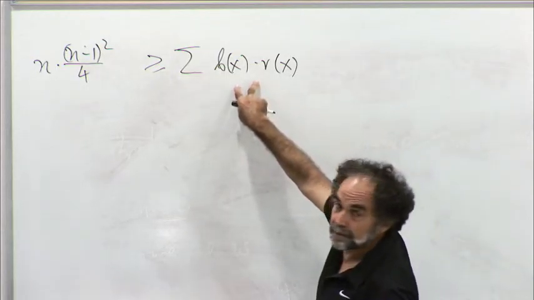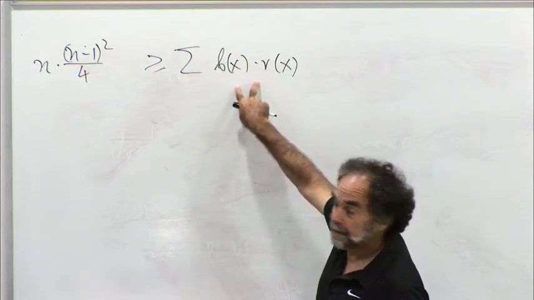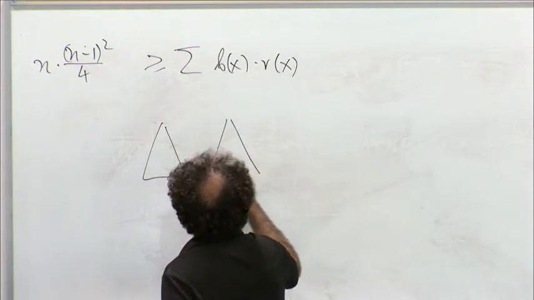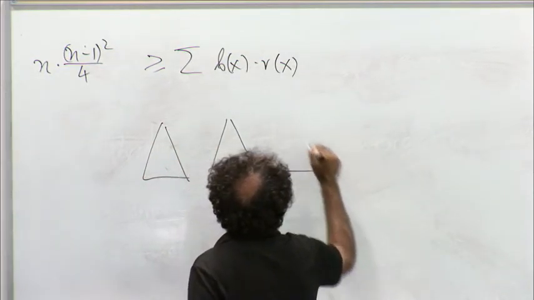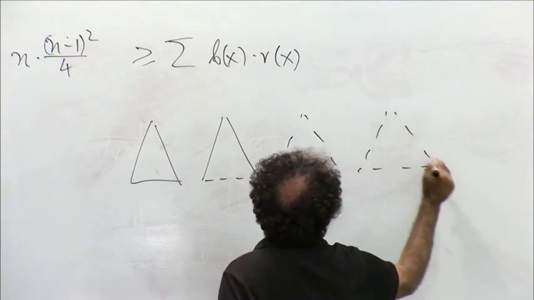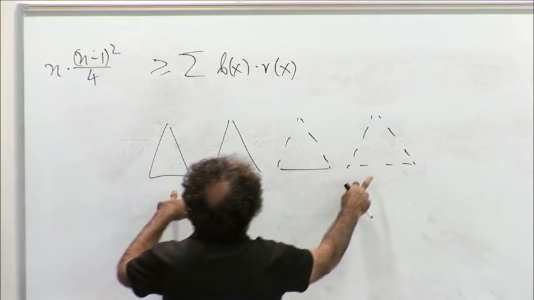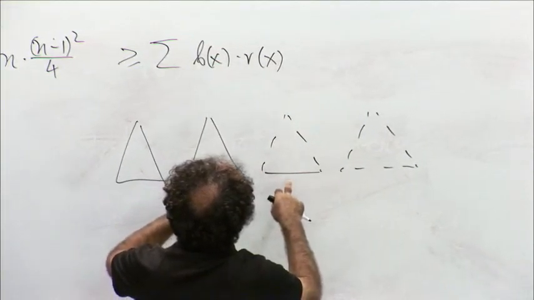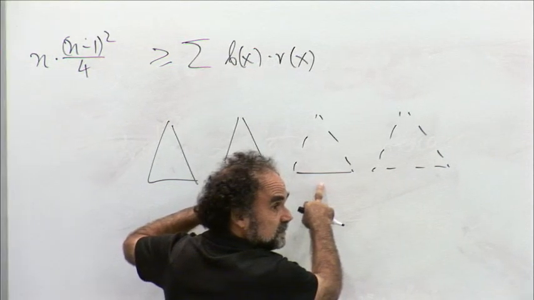But there is another way to interpret this. You see, let's instead now draw things like this to indicate color. Every triangle like this contributes 0 to this. Every triangle like this contributes 2 to this.